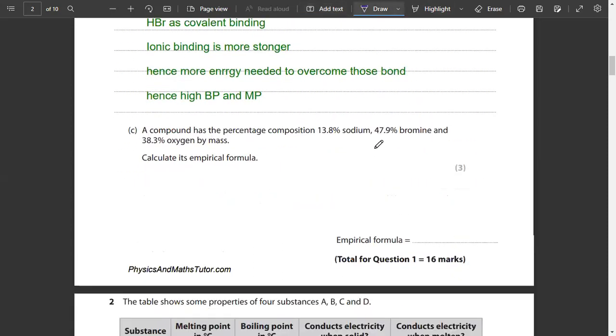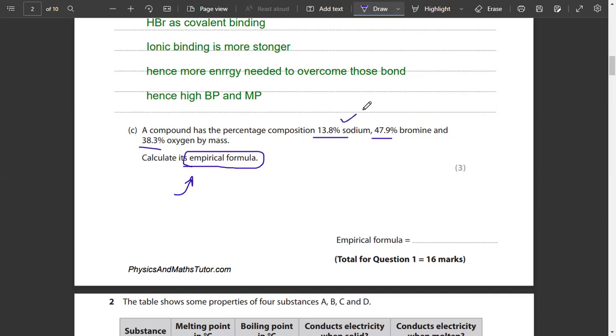A compound has the percentage composition of 13.8 sodium, 47.9 bromine and 38.3 oxygen by mass. Calculate its empirical formula. Now I'll be telling you how to calculate a thing known as empirical formula. Basically, you are given some types of atom.